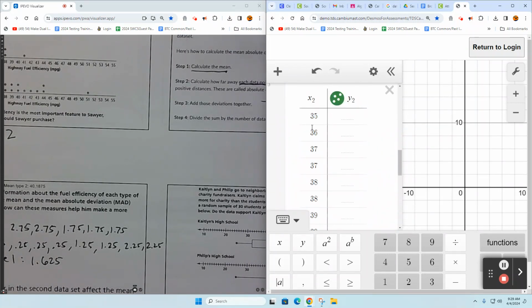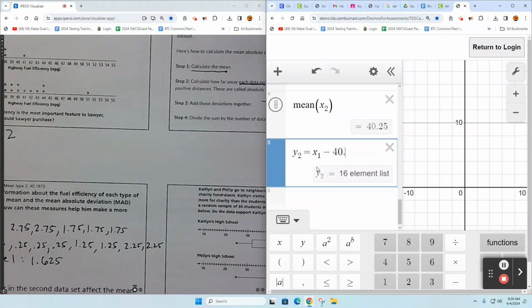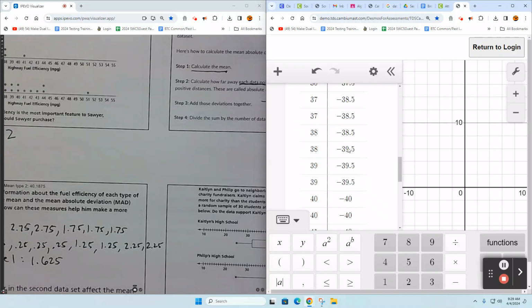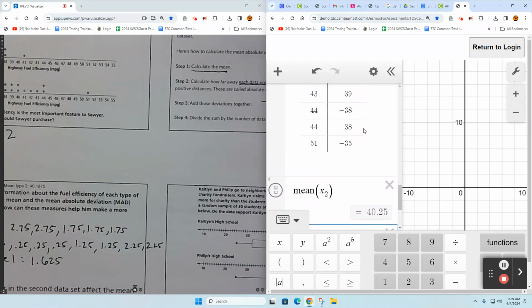How can I take this number and find out how far away it is from 42.5? Exactly right. So I'm going to make a function. Y2 is equal to x1 minus 40.25. If I go up here now, it did it for me. What's the problem with my numbers? They are decimals, right?